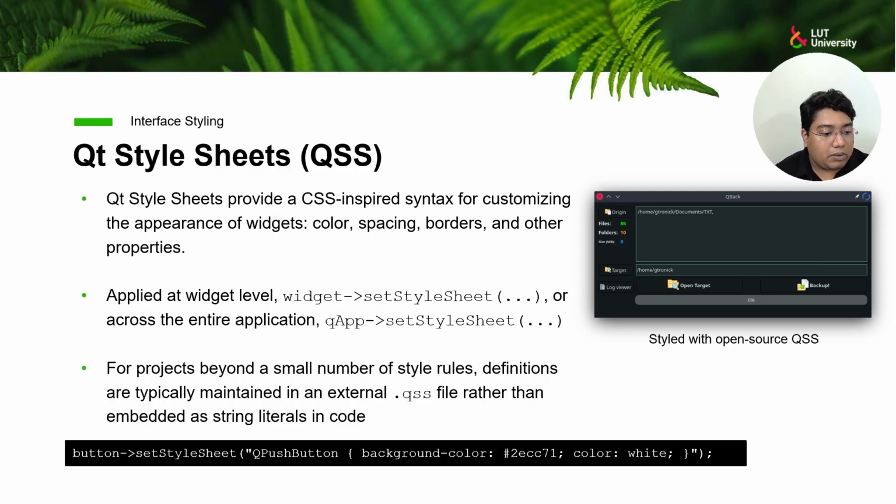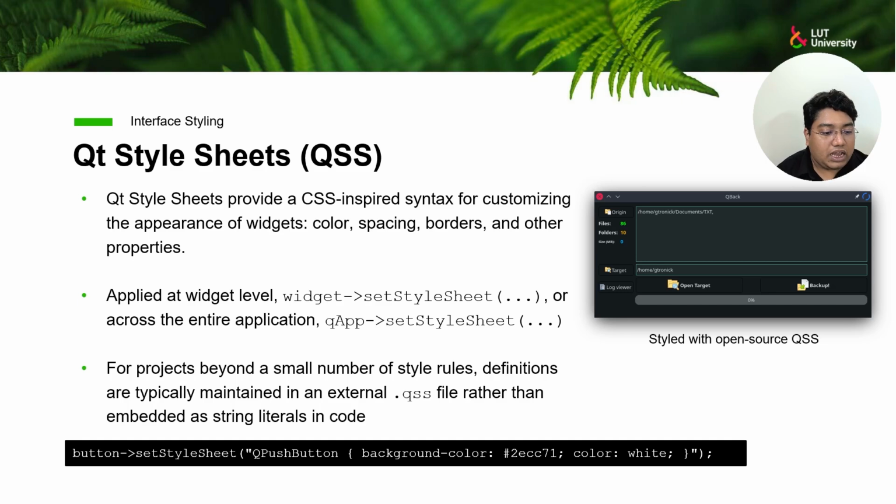Styles can also be applied to a single widget. For example, maybe just one button. Or styles can be applied to the entire application so that every widget shares the same appearance. For small demonstrations, you will often see style sheets written directly inside the code. But the larger projects usually keep their styles inside a separate .qss file.